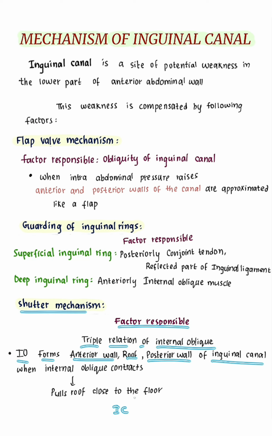Posterior wall in its medial two-thirds is formed by conjoint tendon, which is formed by fibers of internal oblique muscle. Roof is formed by lower arched fibers of internal oblique. When internal oblique contracts, it pulls the roof towards the floor.